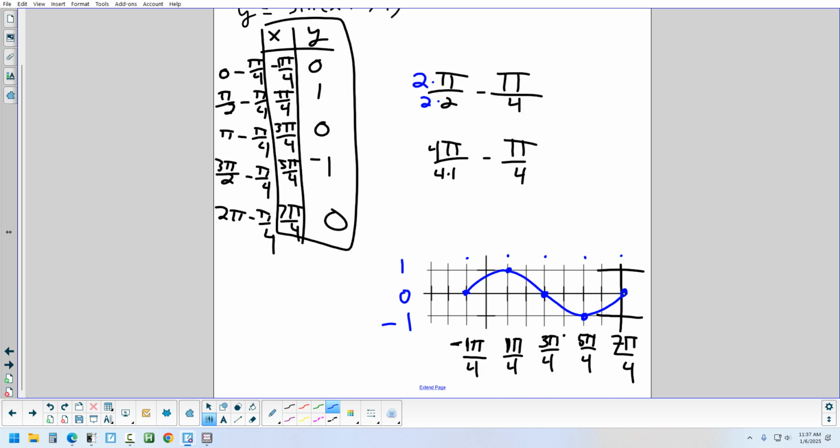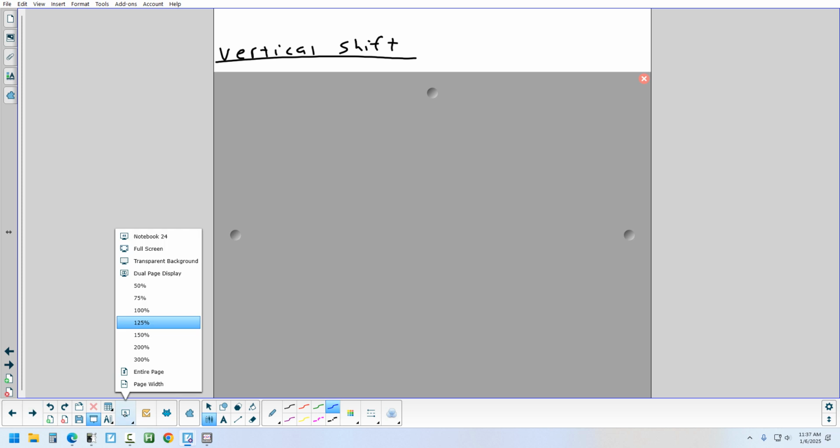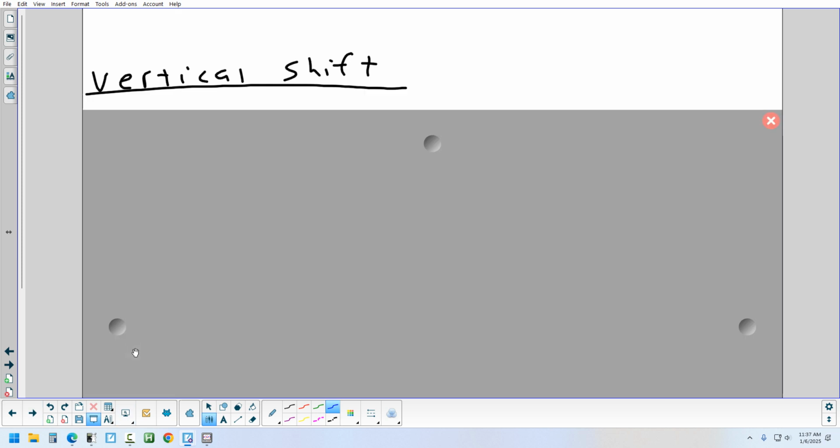It's a pretty small shift. All right. Any question on that? All right. So shifting left and right, that's probably one of the hardest transformations, just because the arithmetic has all fractions with pi. Shifting up and down is much easier because the arithmetic only involves a 1, a negative 1, or a 0.